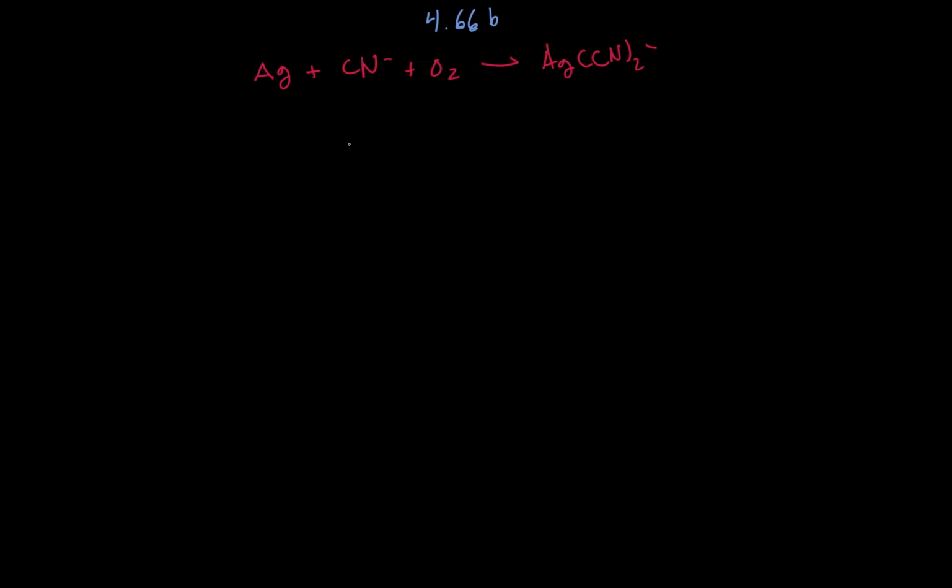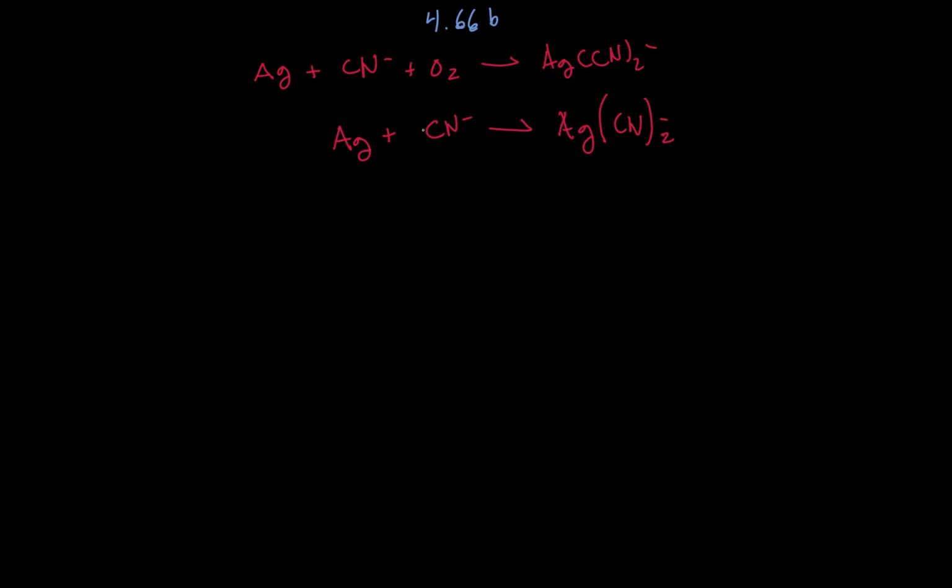So we're going to start with the oxidation. We're going to go from silver to silver plus over here. To do that, we get silver plus cyanide, and we got 2 of those there.